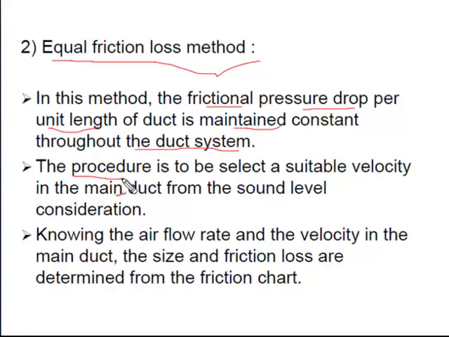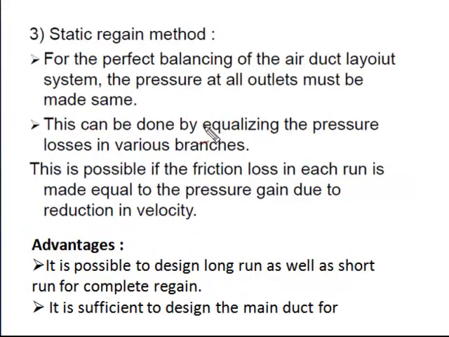The procedure is to select a suitable velocity in the main duct from sound level consideration. Knowing the airflow rate and the velocity in the main duct, the size and friction loss are determined from the friction chart.